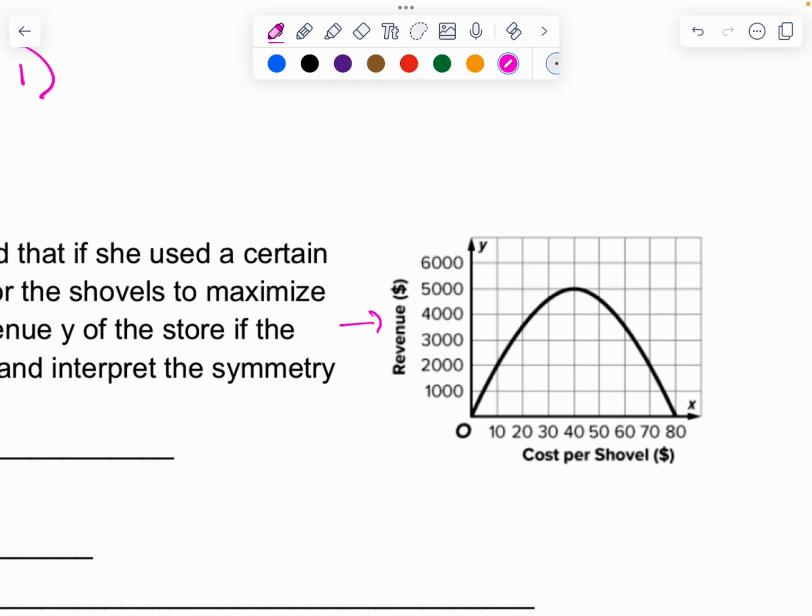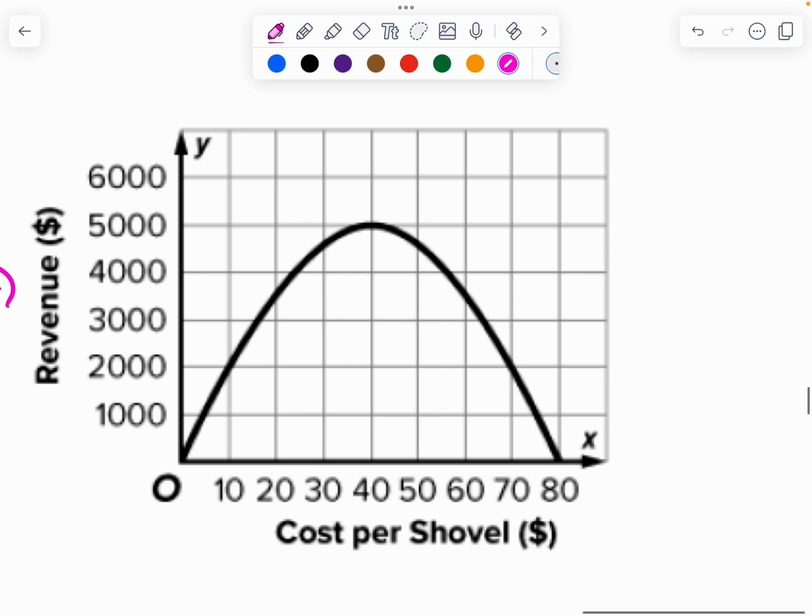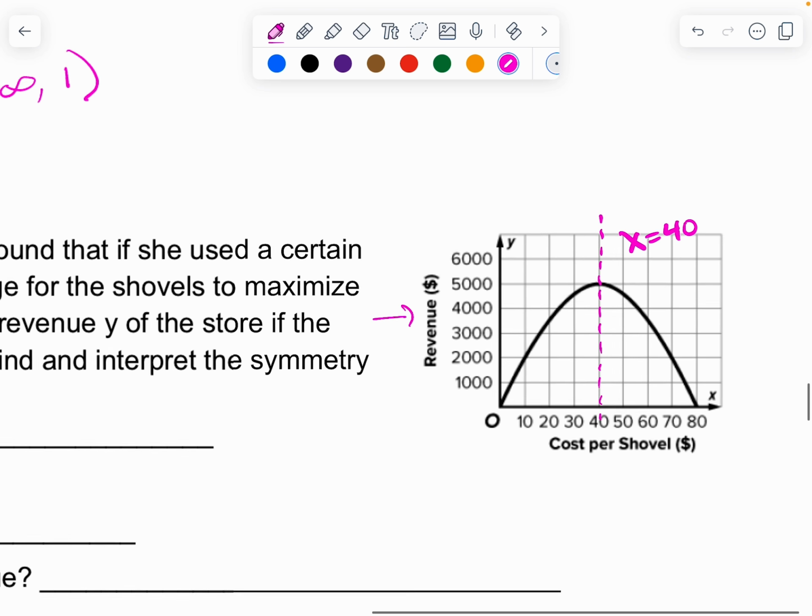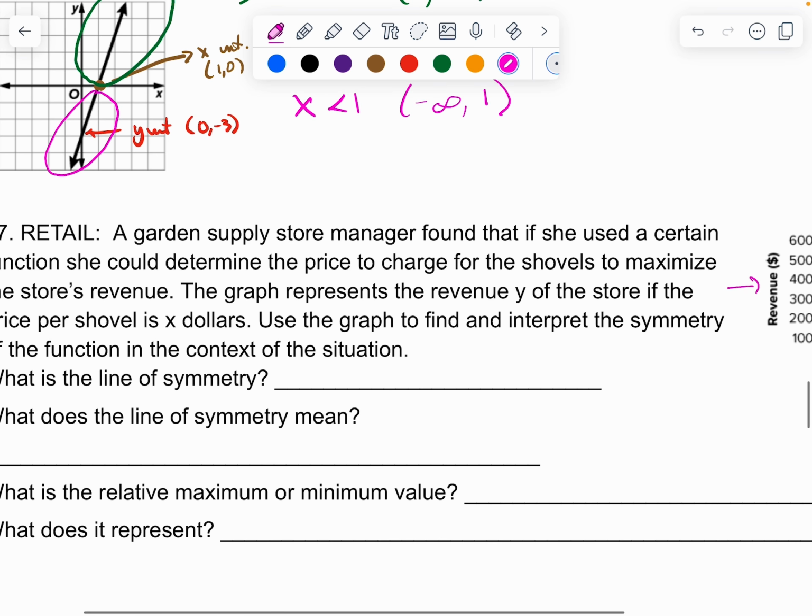So let's look at this. So the line of symmetry is right here. So the line of symmetry is x equals 40. Okay? So x equals 40.